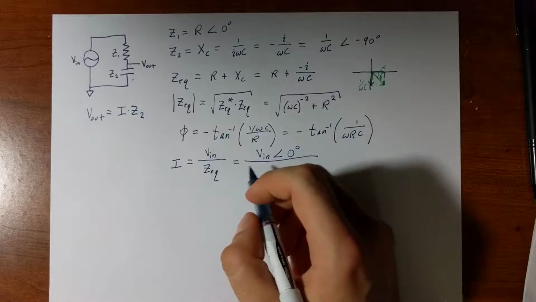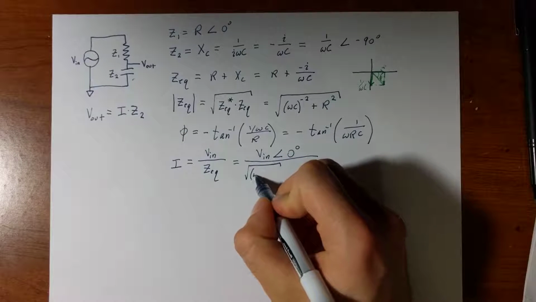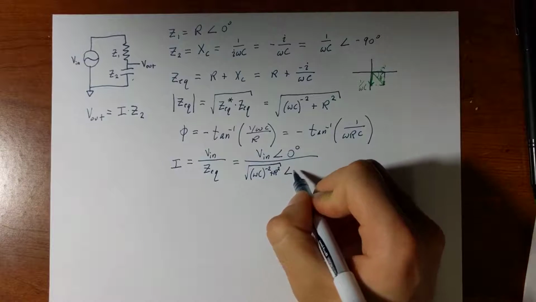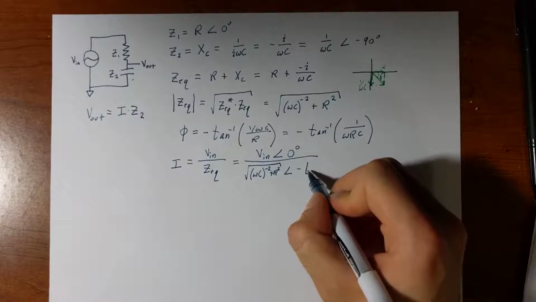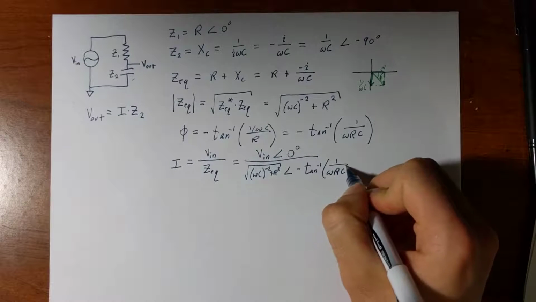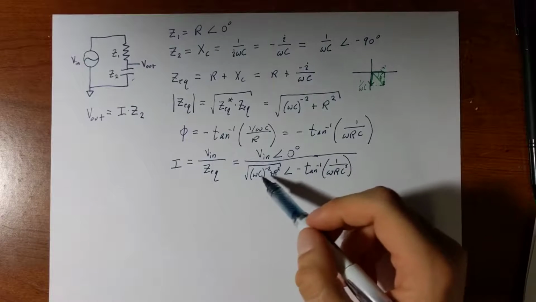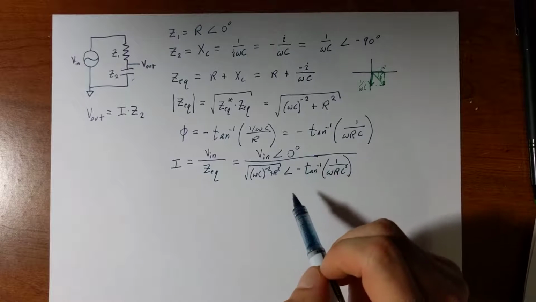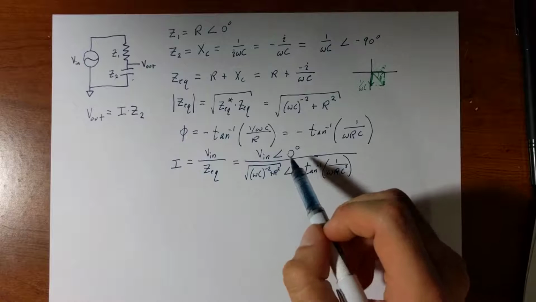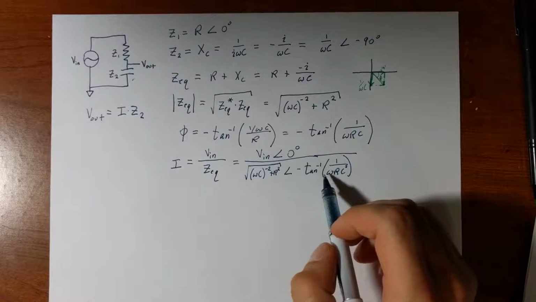And here our equivalent impedance, we have a magnitude, square root of omega c to the negative 2 plus r squared, at an angle of negative inverse tan 1 over omega rc. And when I do division like this, if you look in your book, you'll see a whole page giving you a quick table of how to do these sorts of divisions. Well, what I'm just going to do is subtract my angles.